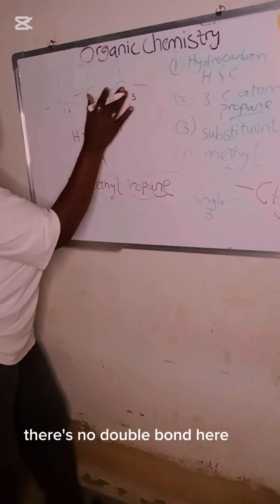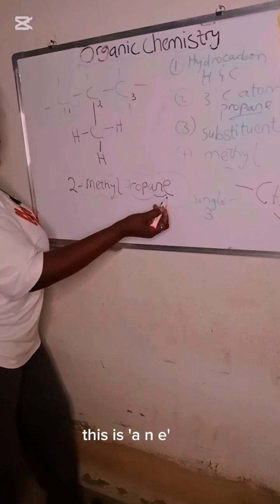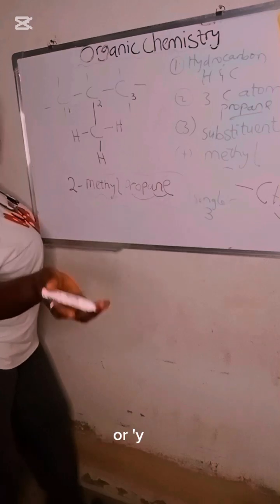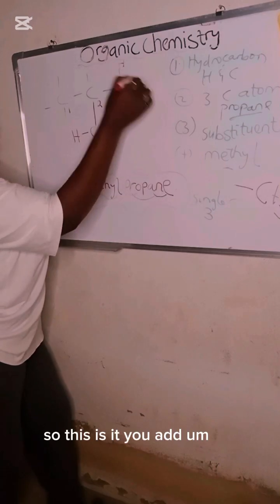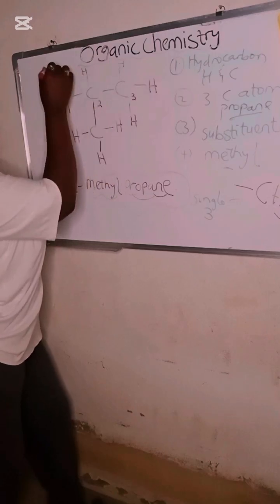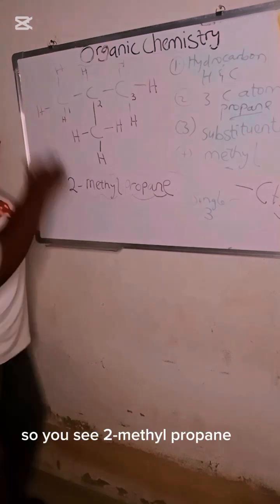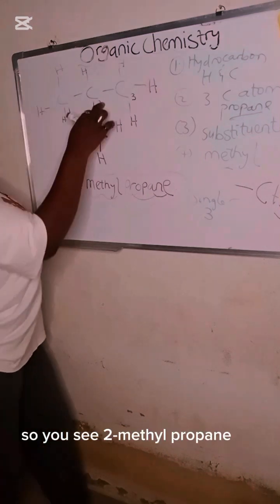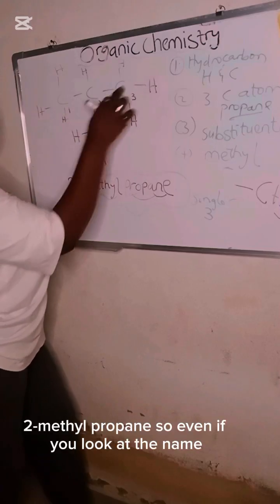As you can see, there's no double bond here, because this is ANE, not ENE or YNE. So you add your hydrogen atoms. So you see 2-methyl propane, 2-methyl propane.